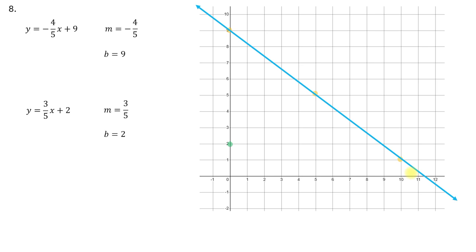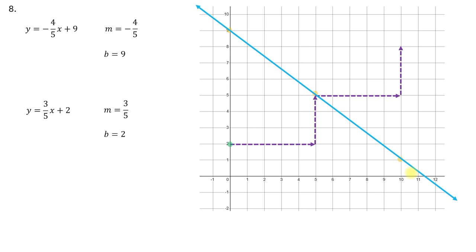Now, looking at the second equation, y equals 3/5 x plus 2, we'll start at the y-intercept, which is 2. We'll have a run of 5 and a rise of 3. A run of 5 and a rise of 3.